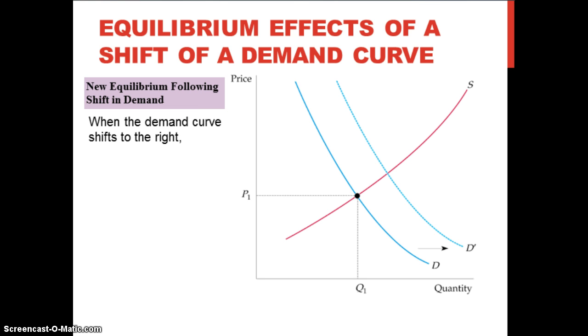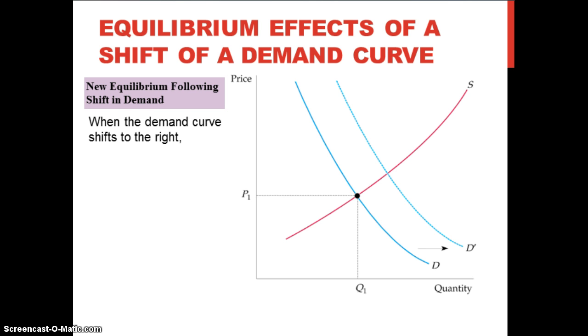Also, it is very important to remember that a shift of the demand curve itself does not change the price, while it changes the quantity. However, when the demand curve interacts with the supply curve, it leads, as a consequence, to the price change.